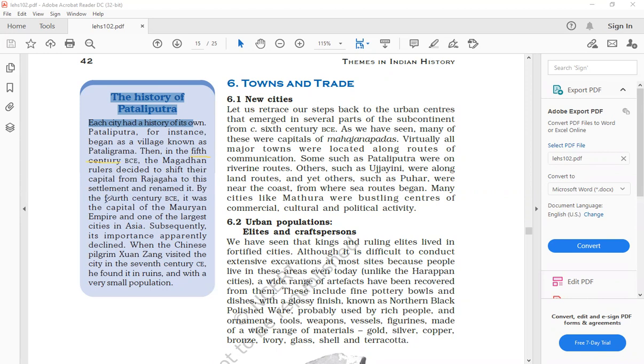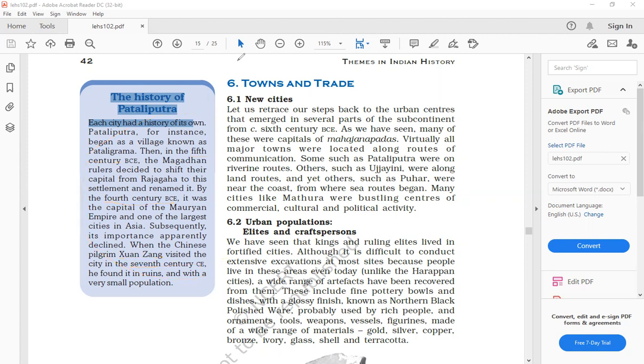By the 4th century, it was the capital of the Mauryas and one of the largest cities in Asia. Subsequently, its importance apparently declined, and when the Chinese pilgrim Xuanzang, whom I was talking about, visited it in the 7th century CE. So this whole part is important. Please note it down if you can.